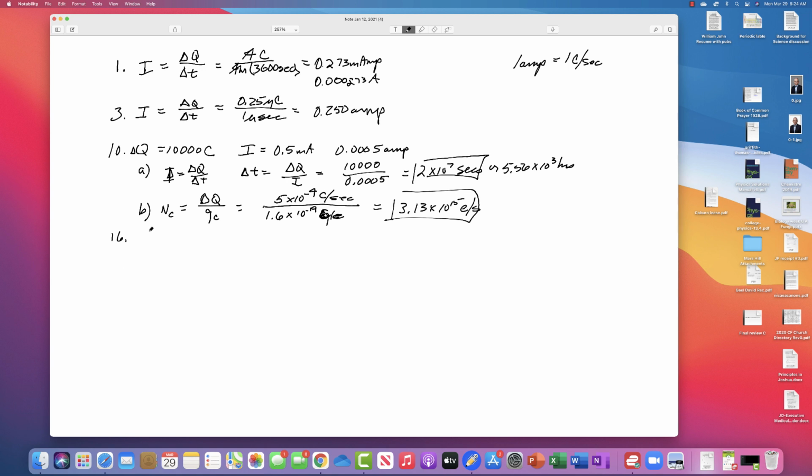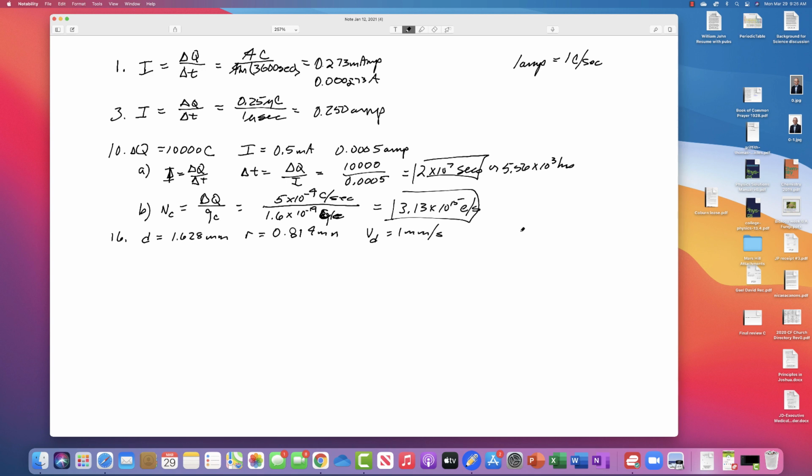But you have a diameter of 1.628 millimeters, which is a radius of 0.814 millimeters. And it tells you that the drift velocity is 1 millimeter per second.